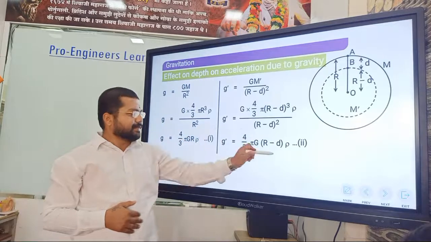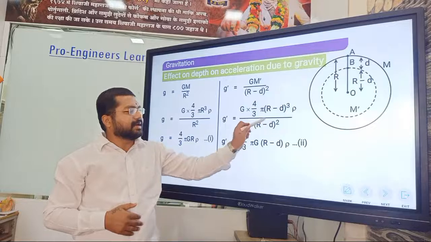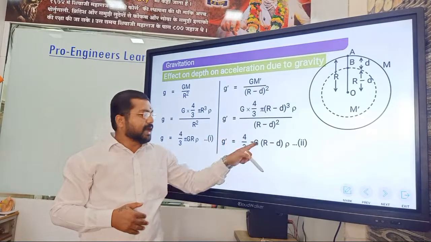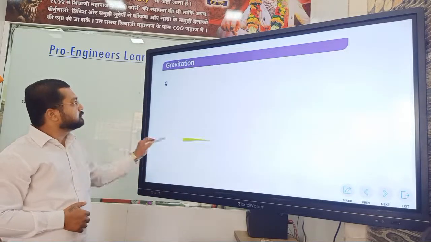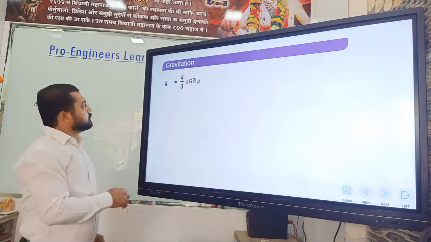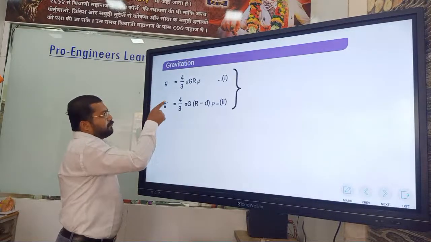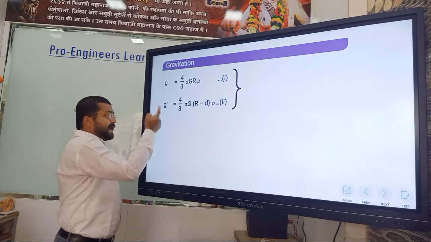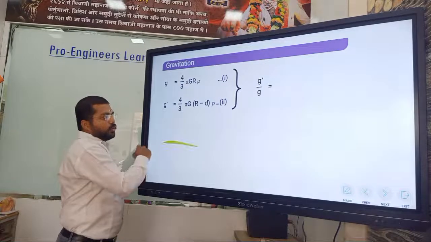On the right hand side, the R minus D the whole cube and R minus D the square will get cancelled and only one R minus D will remain. So finally we have G is equal to 4 by 3 pi G R rho, G dash is 4 by 3 pi G R minus D rho.